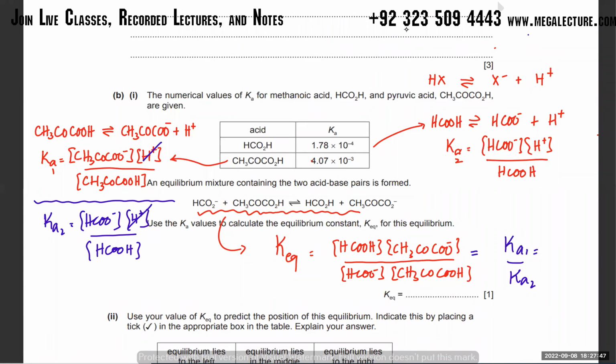So K1 is 4.07 times 10 power minus 3. Is the rest clear? Anna, Alicia, is this clear? Shahan, Naseeb, is it clear to everyone? And the one below, that's 1.78 times 10 power minus 4.